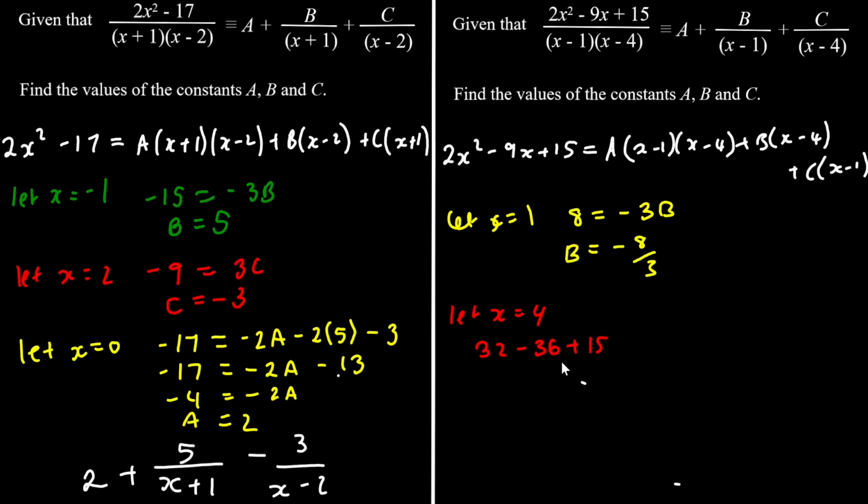So negative 4 plus 15 is 11. We've got 11 equals a's gone, b's gone, and that would be 3c. So c is 11 thirds. So we've got minus 8 thirds, we've got 11 thirds.